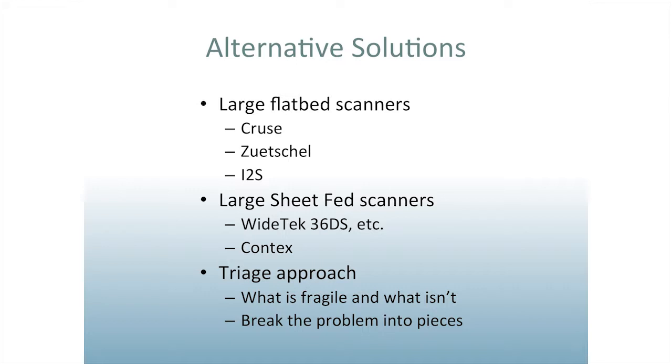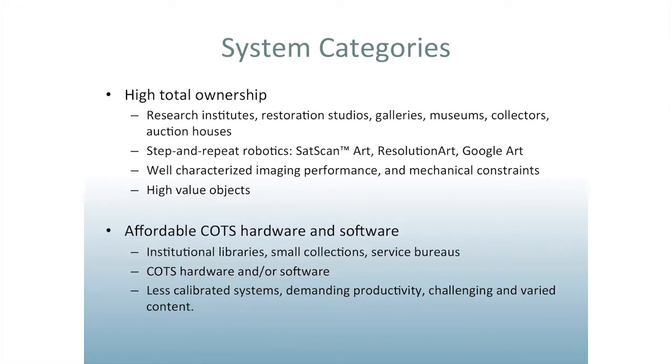And then alternative solutions. This is a lot of work stitching these together, and the first thing Don asked is, why aren't you using some of this other great technology that can be calibrated and do the work that you need to? Some of it would work well, and some of it is just maybe not a good fit for the content. Again, we've got these high total ownership systems and the COTS, consumer off the shelf.